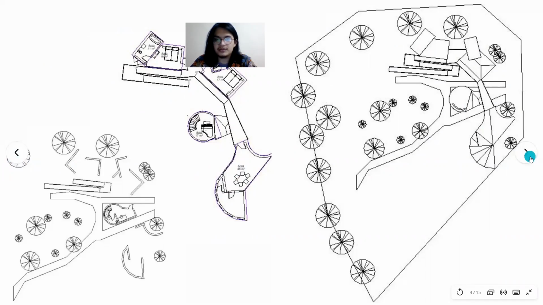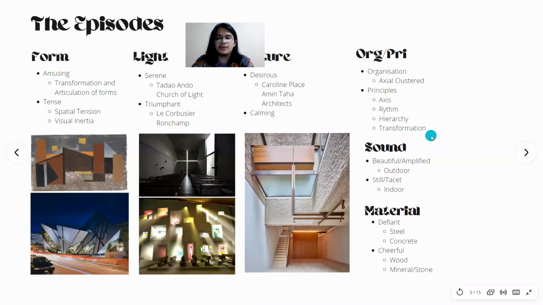Next, we'll be moving towards the episodes and how the system I've created to design these spaces relates to how I design them. Each of the spaces individually corresponds to the site as a whole through these ideas of how emotion is invoked through music and through design, either through form, light, texture, sound, and material.